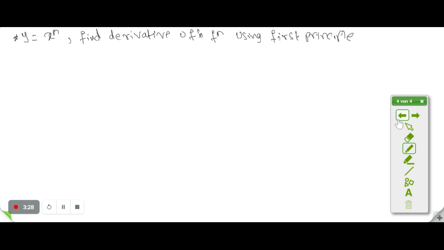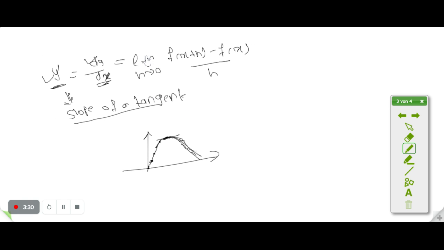But what is a first principle? The formula which we saw here is also called the first principle formula. So this is what we call the first principle.